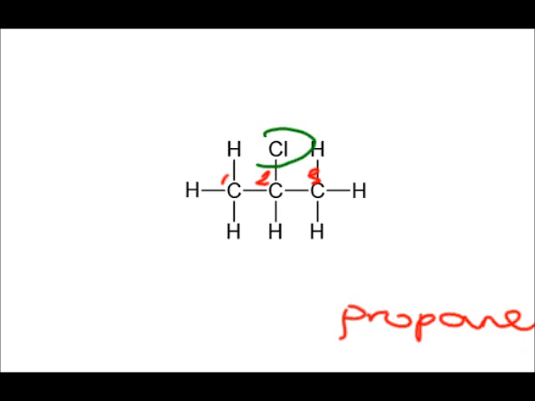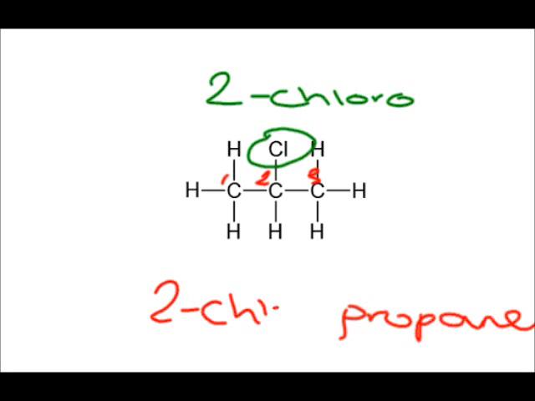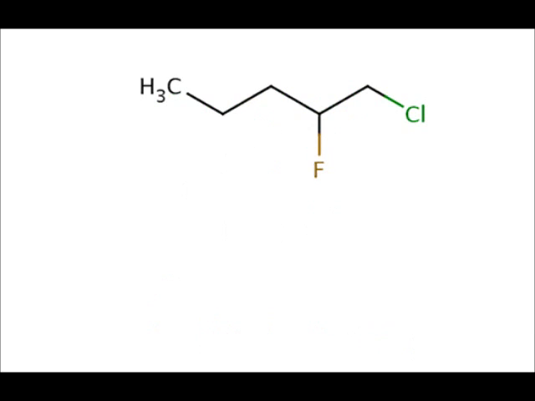We've then got a chloro group attached to the second carbon. So in exactly the same way as we have been doing, we use this as the prefix, and the full name will become 2-chloropropane. In this example, as you can see, we've got two halogens.